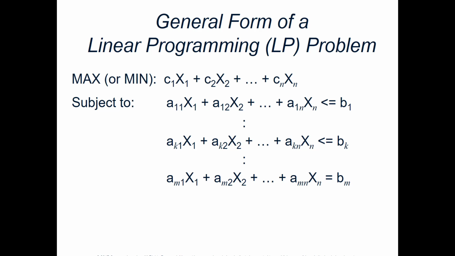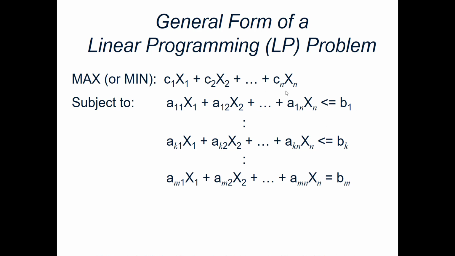Recall the general formula of the linear programming that we had. The objective function is either maximization or minimization, and we have n variables, x1 to xn. These are the independent variables that we are looking for, and then we have the coefficients of the objective function, which are defined by c1 through cn, and then we have a set of constraints that are defined based on a11 x1 plus a12 x2 and so on.